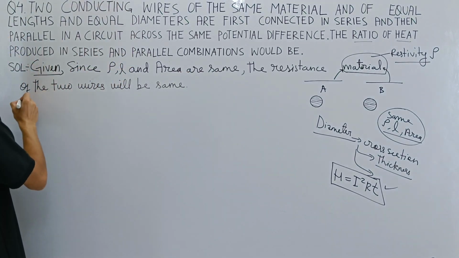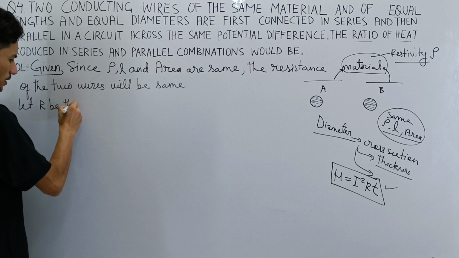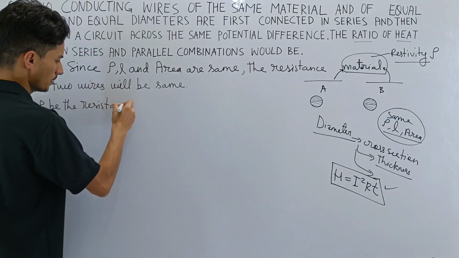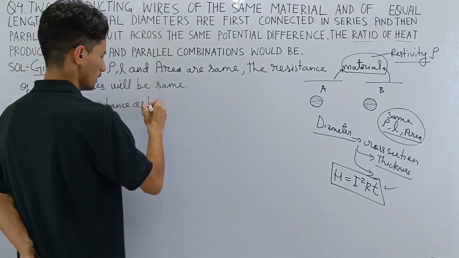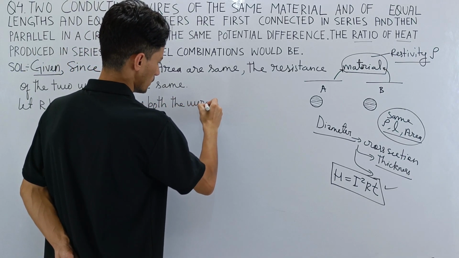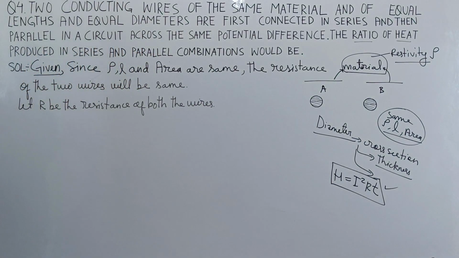So let us declare that. Let R be the resistance of both the wires. All right, so we are declaring that R is the resistance of both the wires.